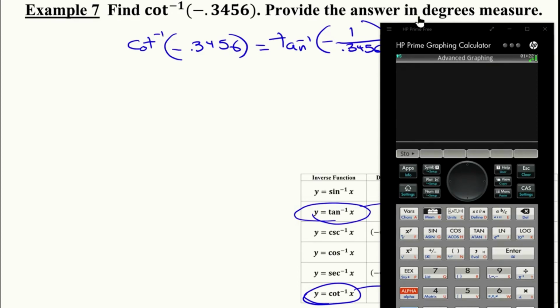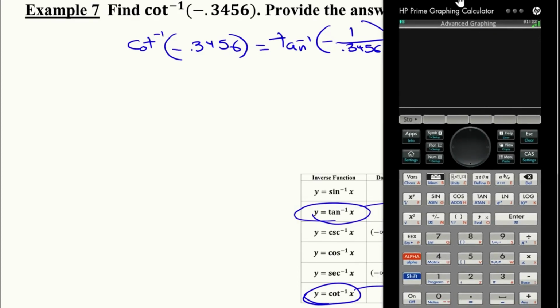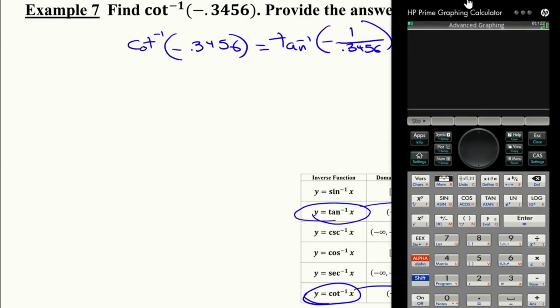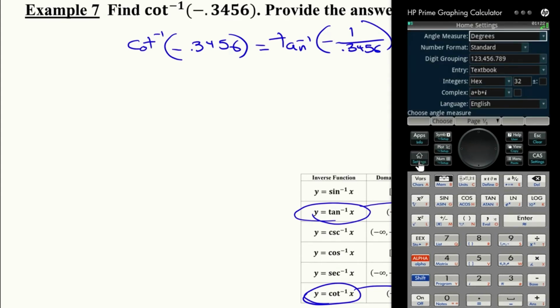All right, notice that this time we want the answer in degree measure. So we're going to make sure that we're in degree measure. I believe we last put it in that mode. Yeah, so we're in degree measure already. Now we're going to go ahead, oops, that went to radians, let's see, degrees. All right, so we can exit that now.